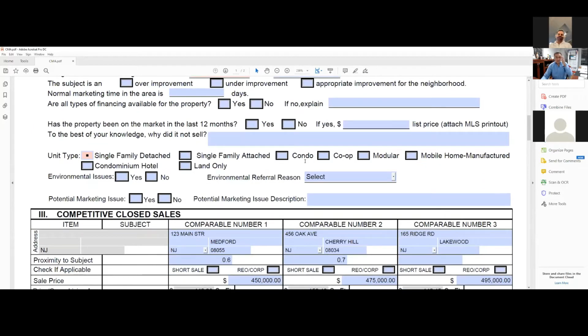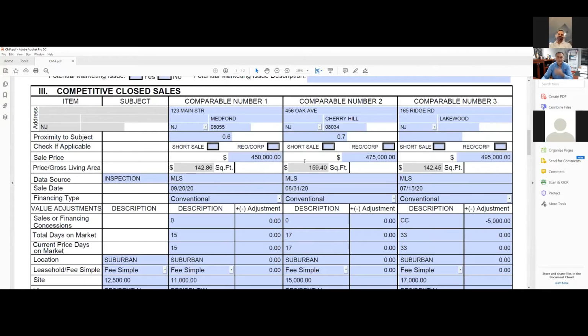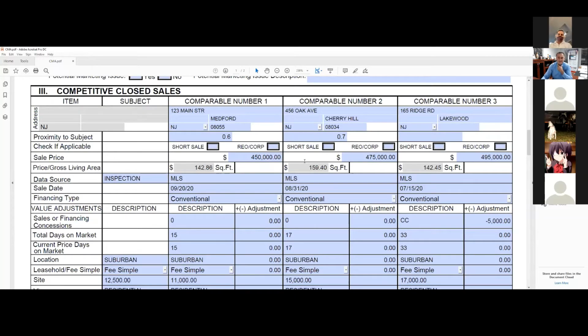I'm not going to go into it in detail, because what we're going to do is a sample CMA. For those who joined the meeting tonight, I will send you 3 different comps. What you will have to do is use this form on your portal, and based on those comps, I want to see you filling this out.